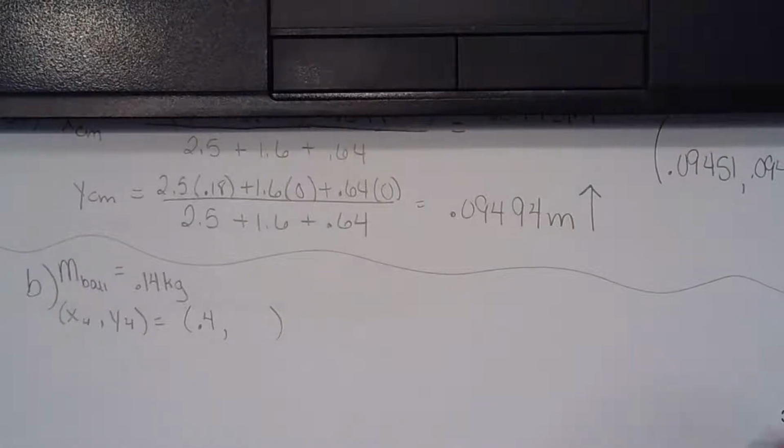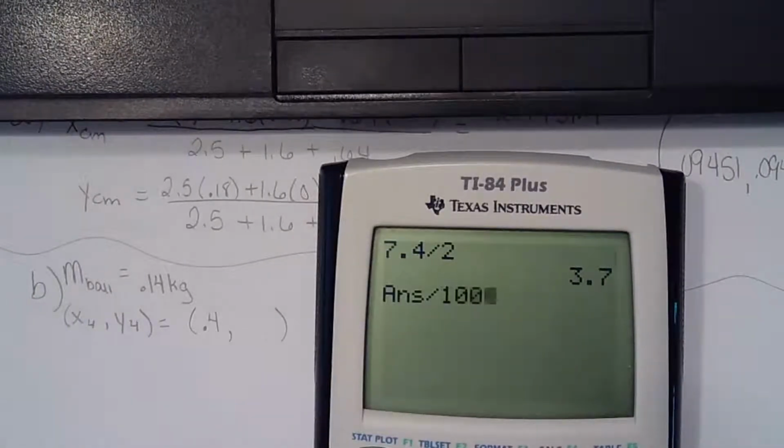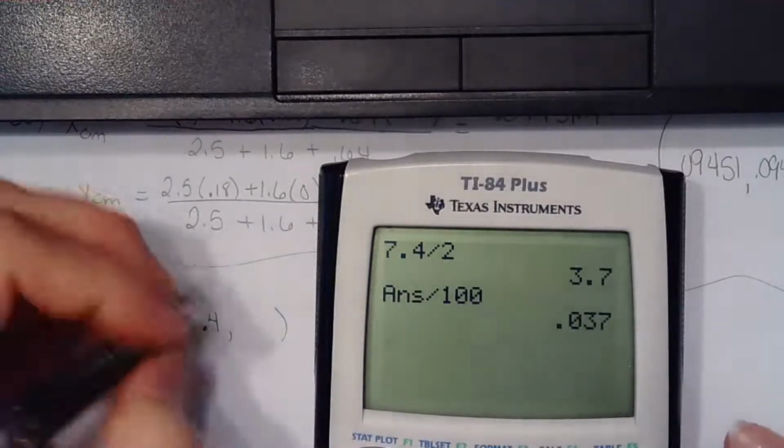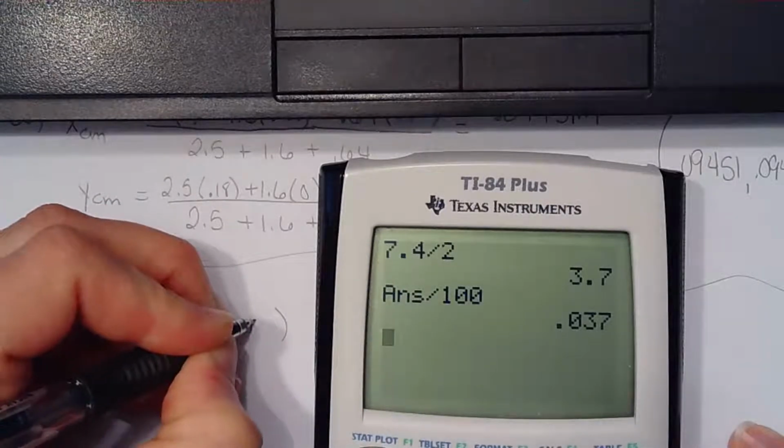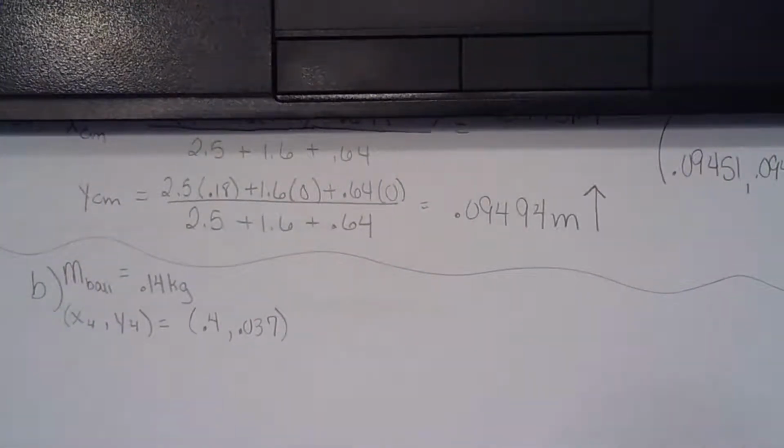So the center of mass of the ball is at 0.4, comma, and this is in centimeters. Look how I did 7.4 divided by 2. I'm also going to have to divide by 100 to change it to meters, not centimeters. So 0.037 is also important to write down for the center of the ball.